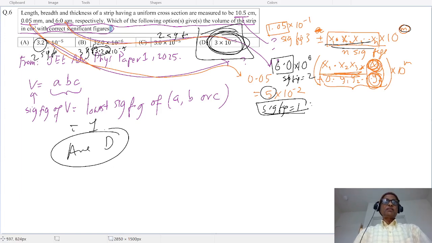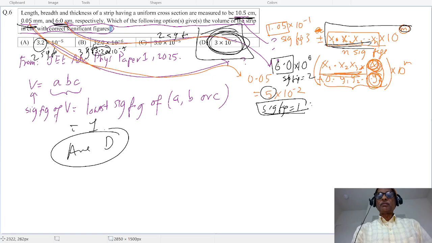The trouble is when people write numbers like this, it's hard to tell the sig figs. You have to write the number in scientific notation form, and then you can immediately tell the sig figs. So next time you come across a sig fig problem, don't memorize all the rules of sig figs. That's just going to confuse you more.